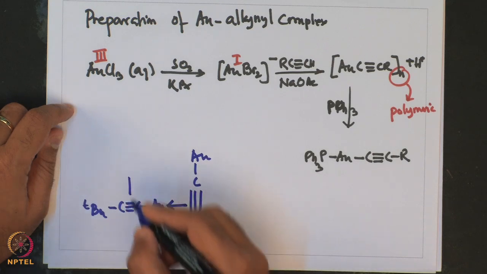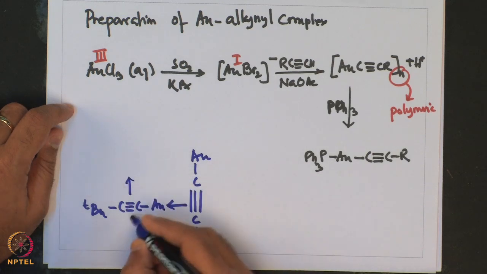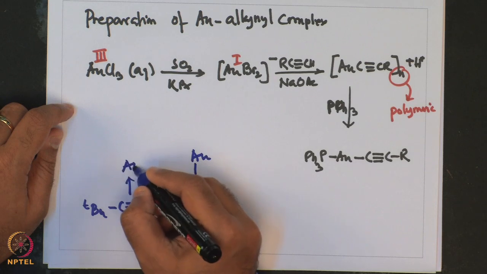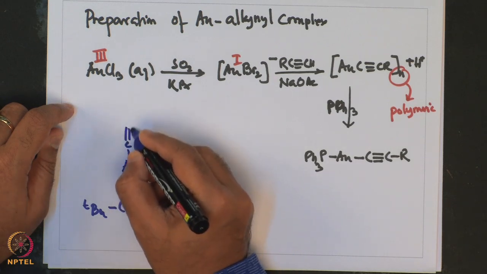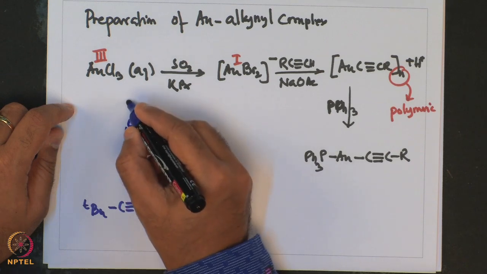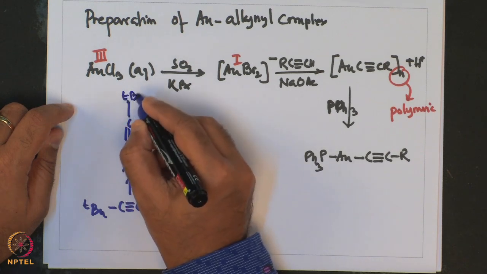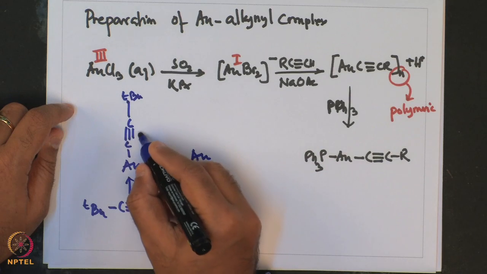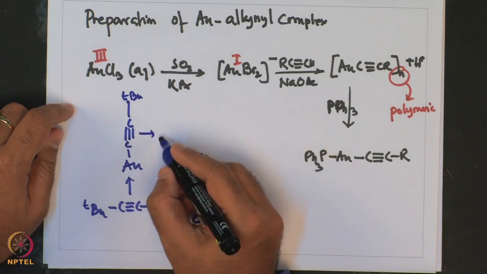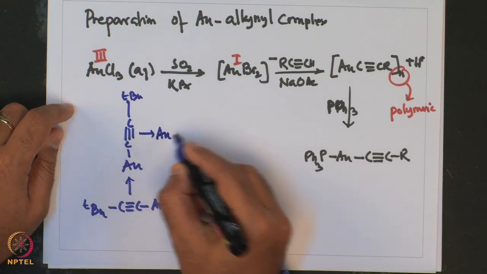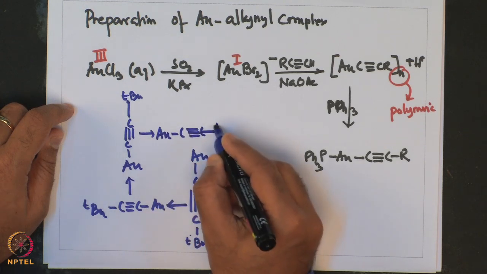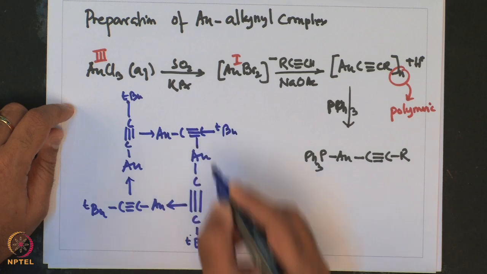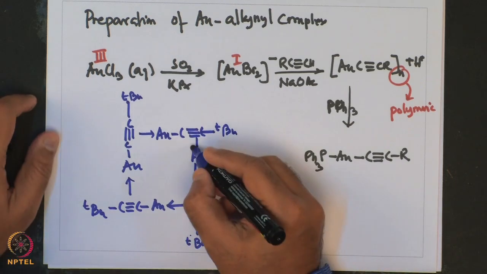Now, each of these triple bonds interacts with gold t-butyl C, and that interacts with another t-butyl C, and this interacts with this.